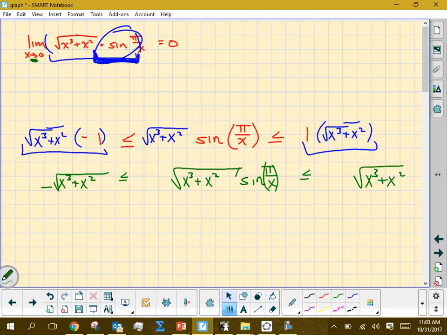Okay, so graphically, that's what those things are going to look like. This graph here is always below this middle graph on this interval. Okay, so this graph here is below the middle graph, which is below then that graph.